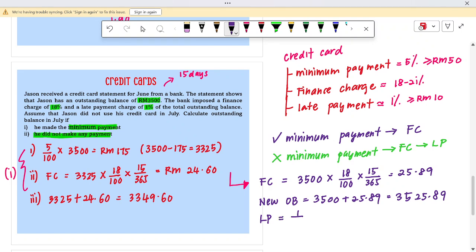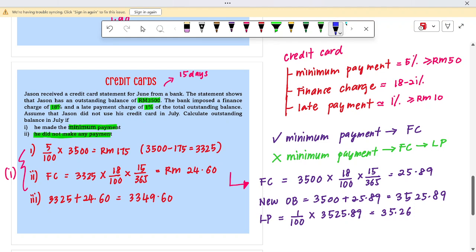Your late payment charge is 1 over 100, 1%, times your new outstanding balance, which is 3,525.89. Which will be 35.26.